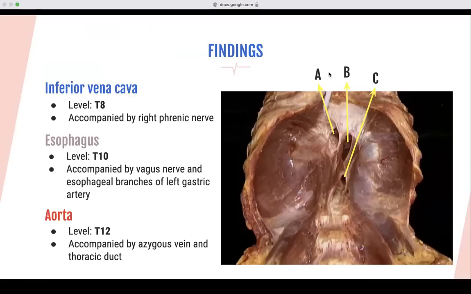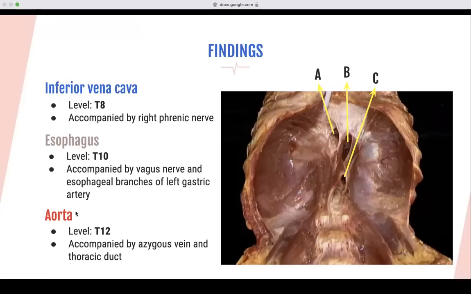So A is which opening? The caval opening. Right, it's caval because it's in the central tendon and it's at level T8. Then B would be the esophageal, at T10, and then C would be the aortic, at T12.